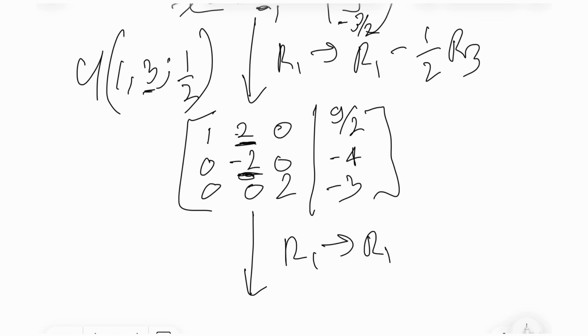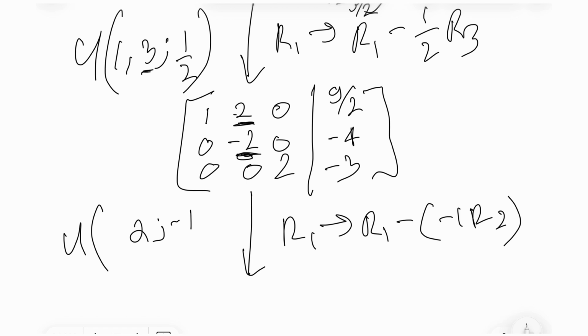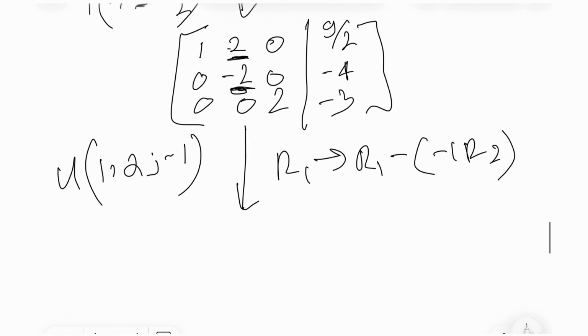R1 is now R1 minus minus 1 R2. Again, we're taking the second row, multiplying it by minus 1, and subtracting it from the first. Multiplied by minus 1, we get 2.